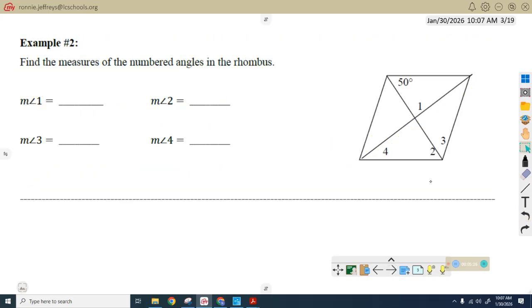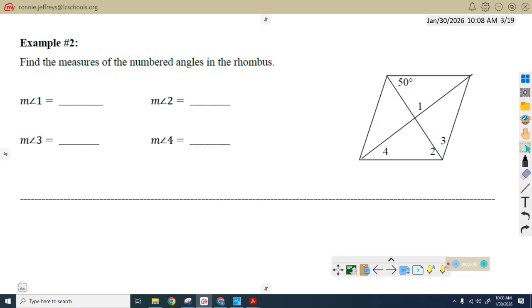Now, find the measure of these in the rhombus. There are 2 that are very easy to know the angle measure that you do not have to do any calculations on. Does anybody know one of those angle numbers?